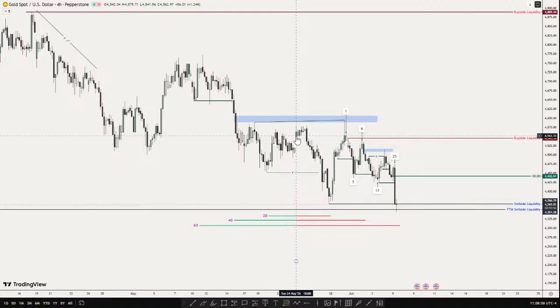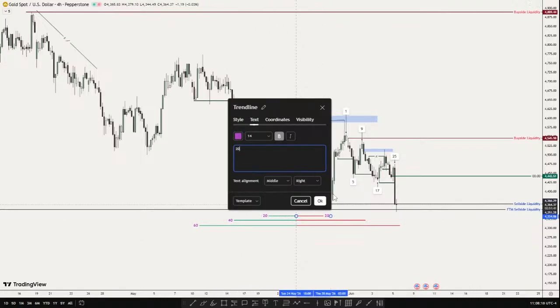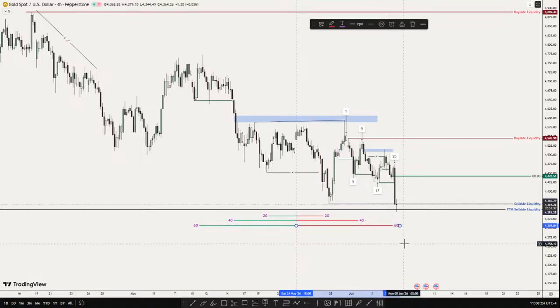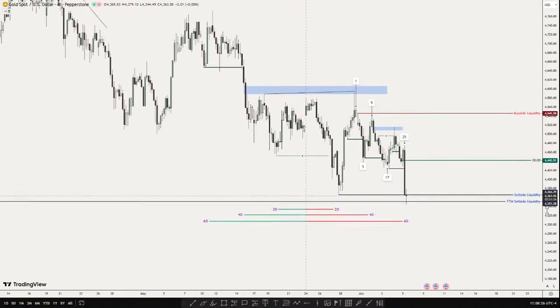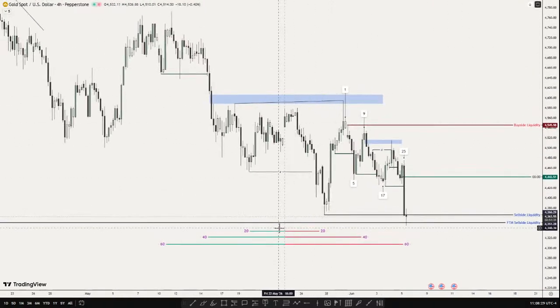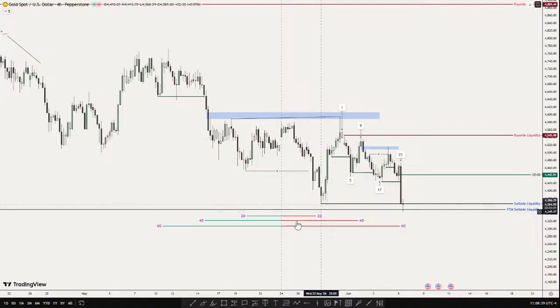I have marked out the 20, 40, and 60 candle look back from this reference point, and you also mark out the cast forward 20, 40, and 60 candles from the reference point. To the left of the reference point, in these time intervals, you will see liquidity points, fair value gaps, order blocks, volume imbalances, and major structure shifts in price. If you look 60 candles back, we see that we have a structure shift in price here.